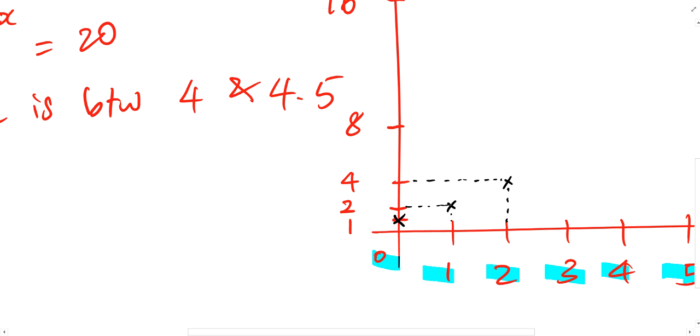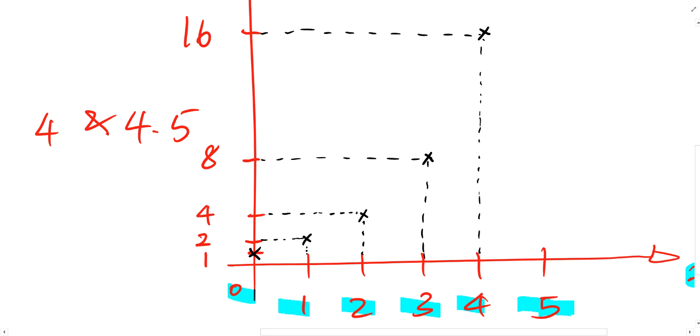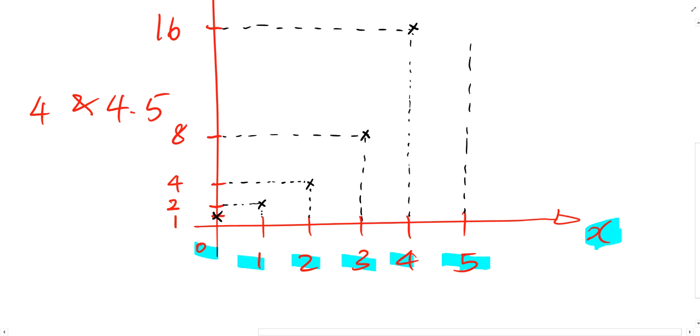Next one, when x equals 3, y equals 8. We don't even need our table of values already, right? Because we can do this mentally. X equals 4, y equals 16. Yeah, because we just keep multiplying by 2. That is why it is always a midpoint, midpoint, midpoint. When x equals 5, we get this all the way up.